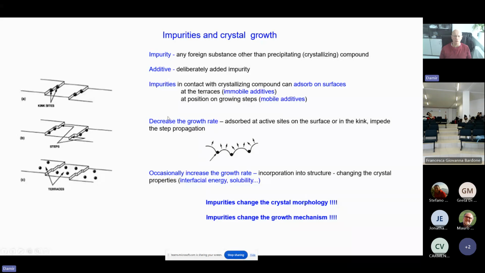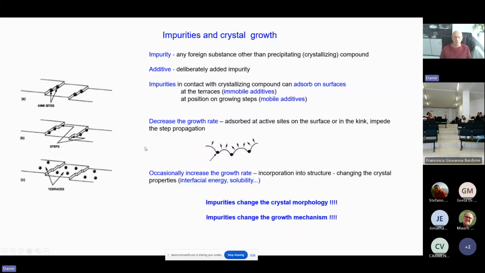Impurities typically decrease the growth rate because if they adsorb on active sites on the surface, they impede the progress of the reactions. Occasionally, they can increase the growth rate, but in this case, it means that after incorporation in the structure, they change the crystal properties like interfacial energy or even the solubility.